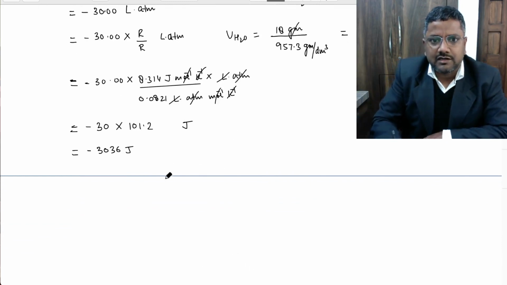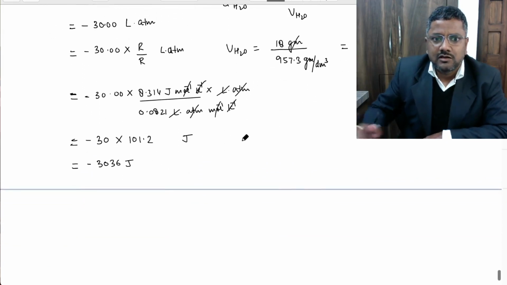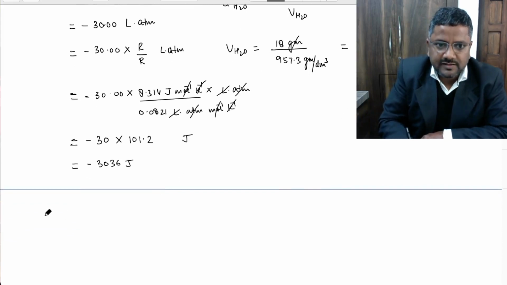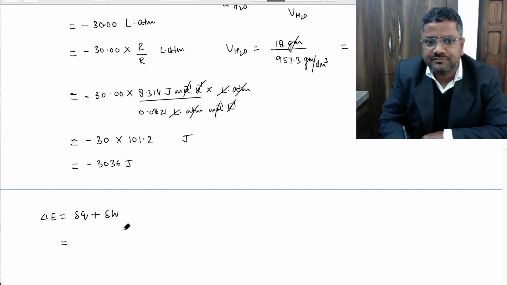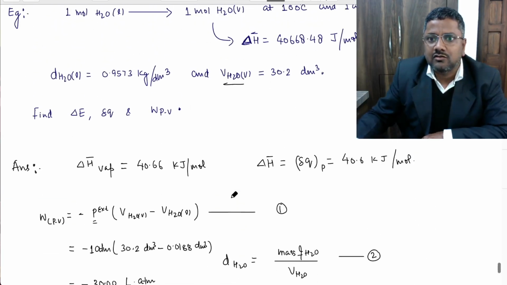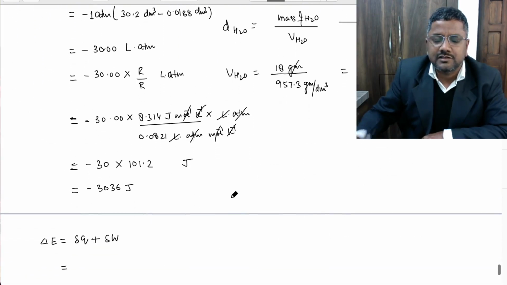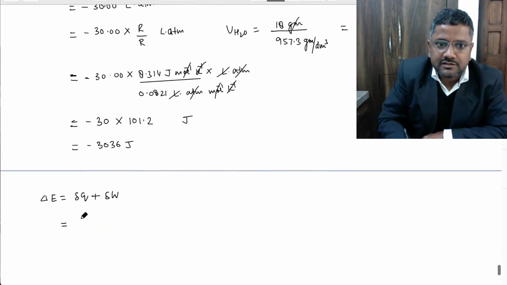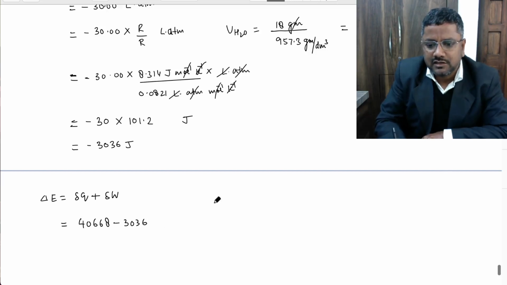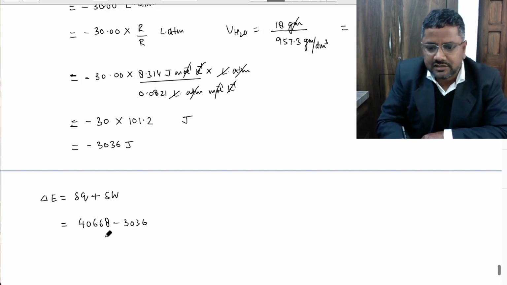So delta E is equal to delta Q plus delta W. Delta Q is given, 40668 joules, minus 3036.